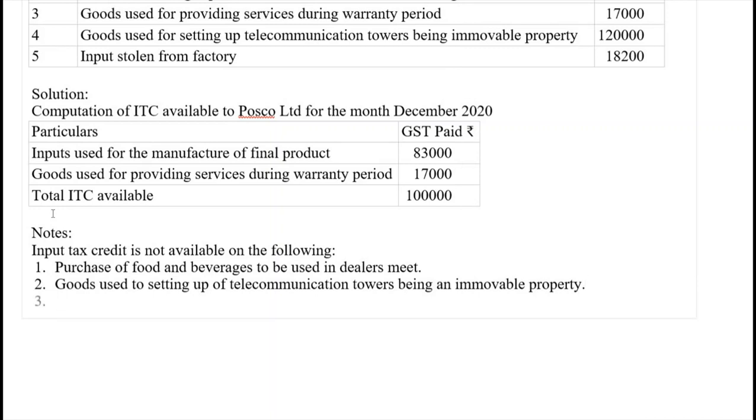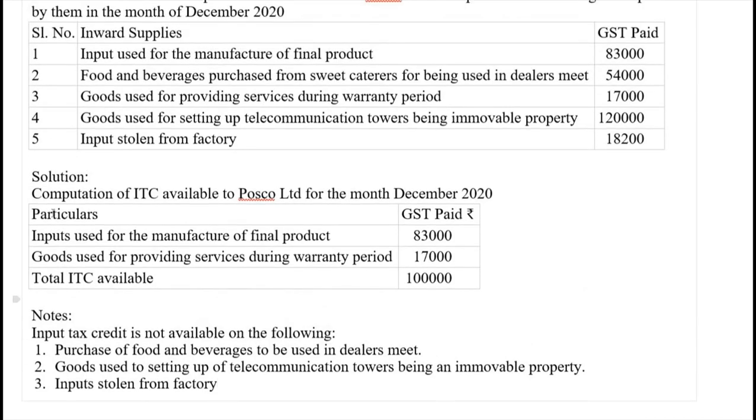Then inputs stolen from factory. On these, ITC is not available here.